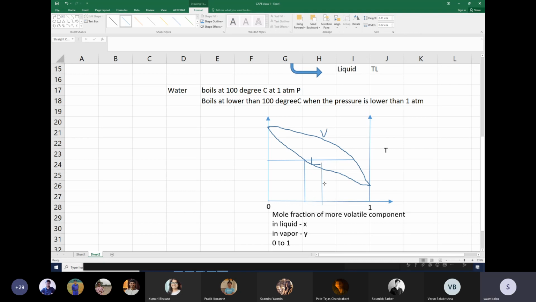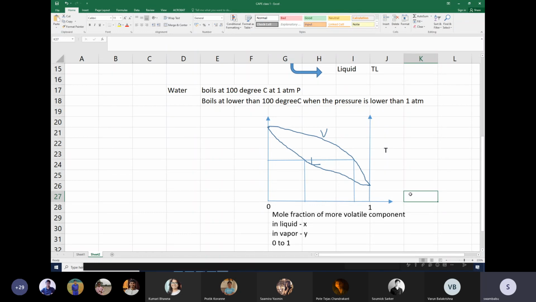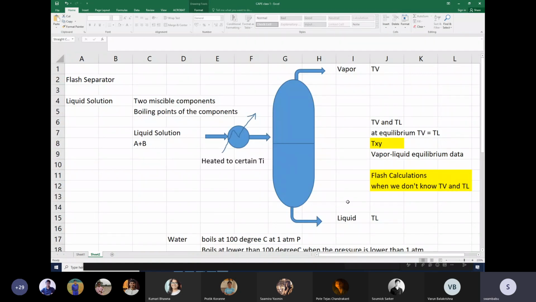Where it touches the vapor line, that is the corresponding vapor composition. That is the mole fraction of the more volatile component in the vapor, and this is the mole fraction of the more volatile component in the liquid state. So that way we know the vapor composition and liquid composition.